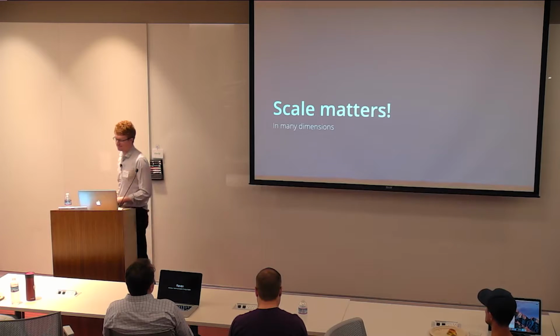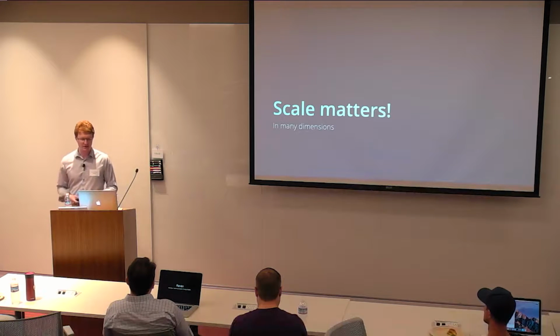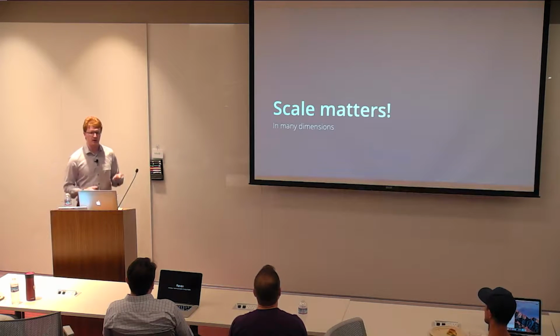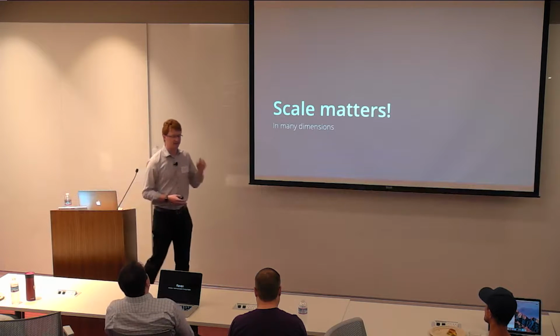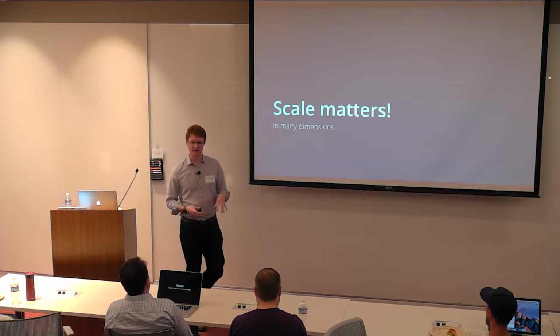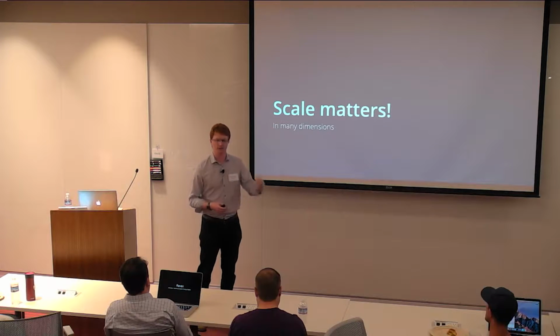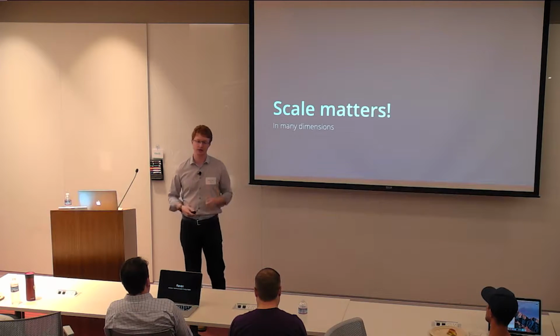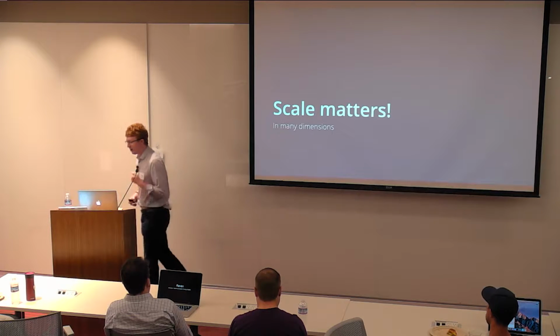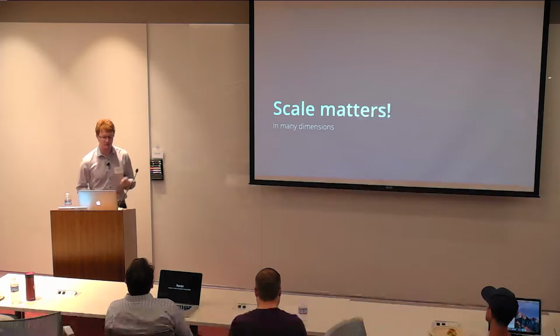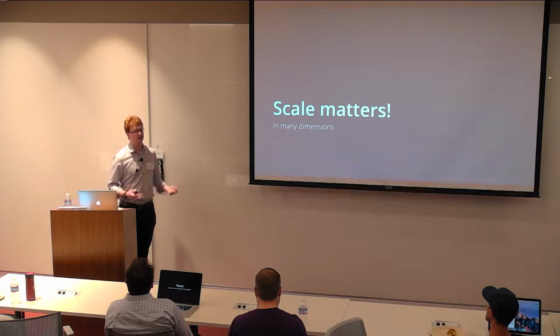And scale matters in terms of the number of engineers operating on your code base. And scale matters in terms of the number of different clients accessing your APIs, in terms of, we've got mobile clients and web clients and third-party clients that are trying to scrape our course catalog data. But scale also matters in terms of what I call the number of types in your ontology.